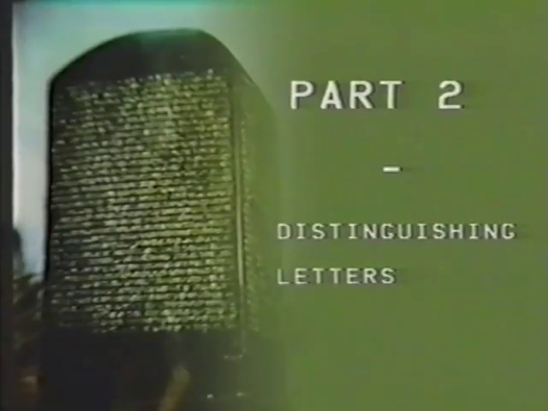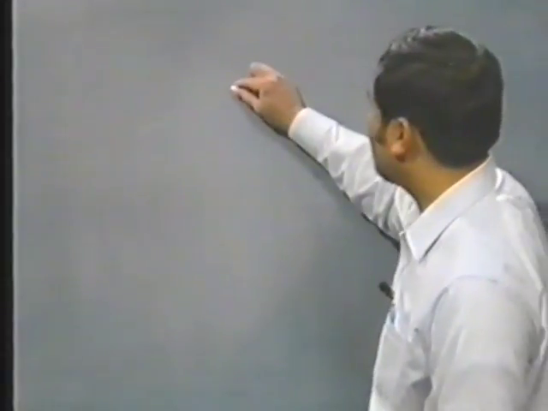Now we'll see how to write some Thai words. Here's ma, to come.